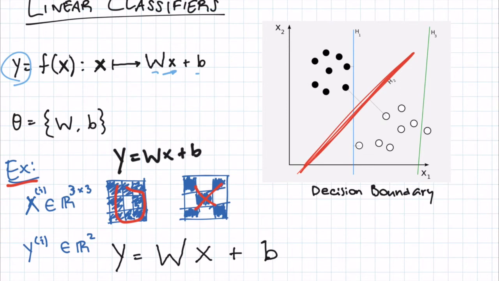If we reshape x into 9 by 1, then we'll have a multiplication of W, which is 2 by 9, times x, 9 by 1, plus b, which will be 2 by 1. And the result will be a 2 by 1 plus a 2 by 1, and we'll have a 2 by 1 at the end. y1, y2, and these are the scores.